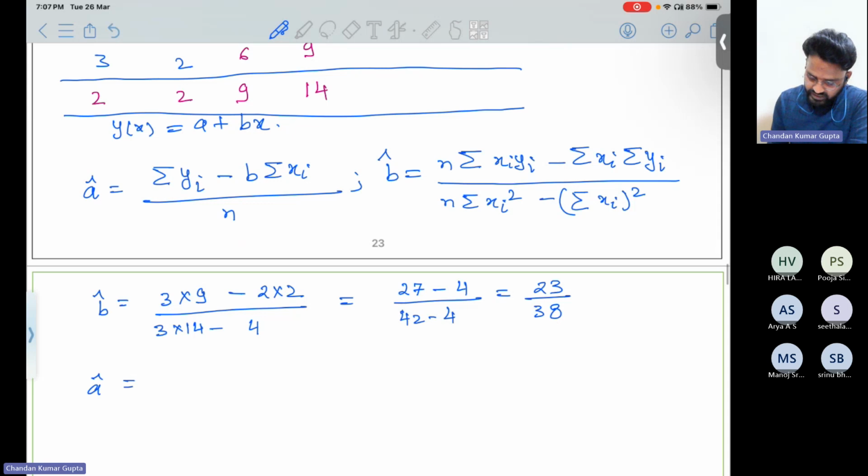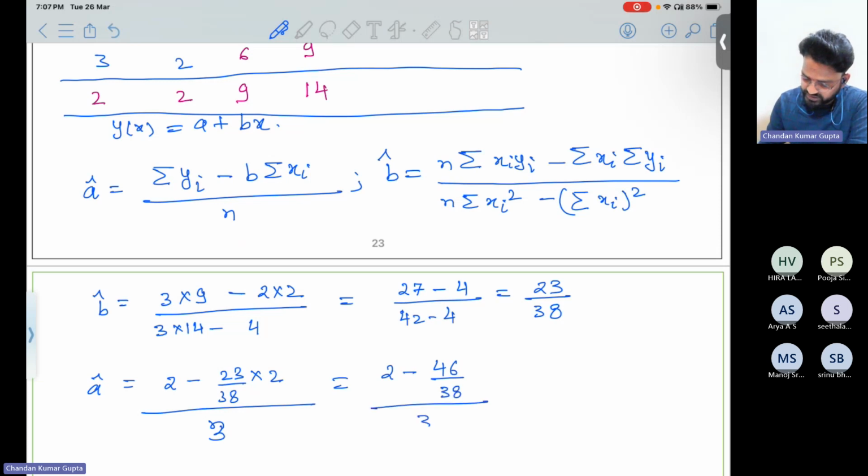Now A cap will be summation yi, which is 2, minus B, which is 23 upon 38, into summation xi, which is 2, and whole divided upon n, which is 3. So 2 minus 46 upon 38, whole divided by 3.